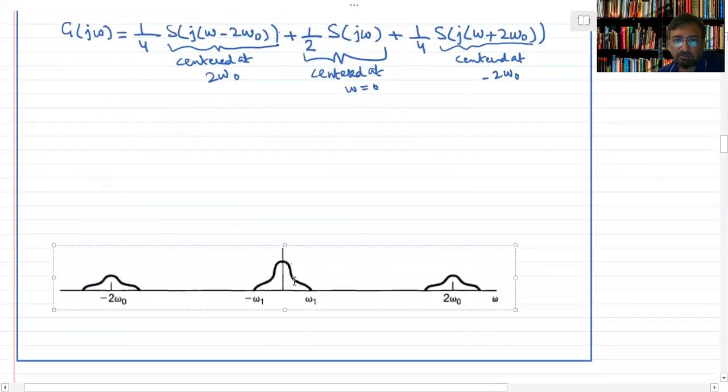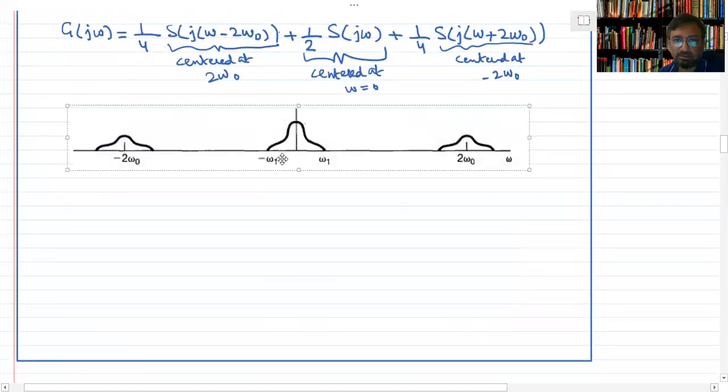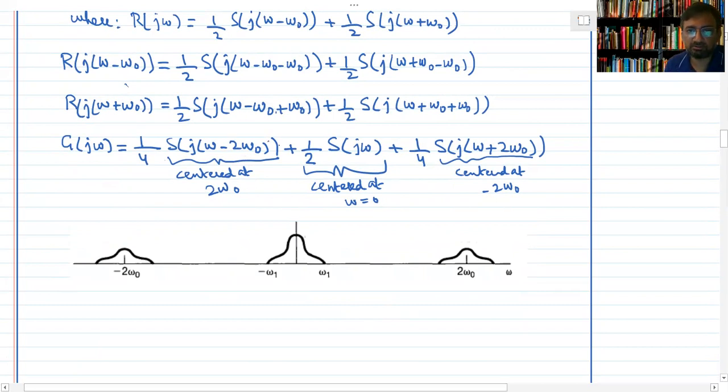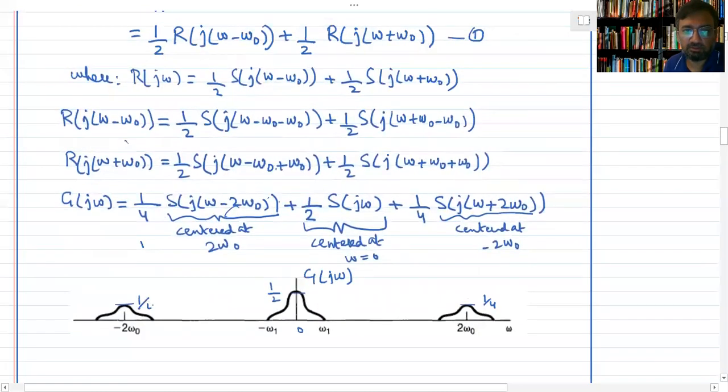And this is how the output Gj omega looks like. This copy is scaled by 1/2, and these two by 1/4.